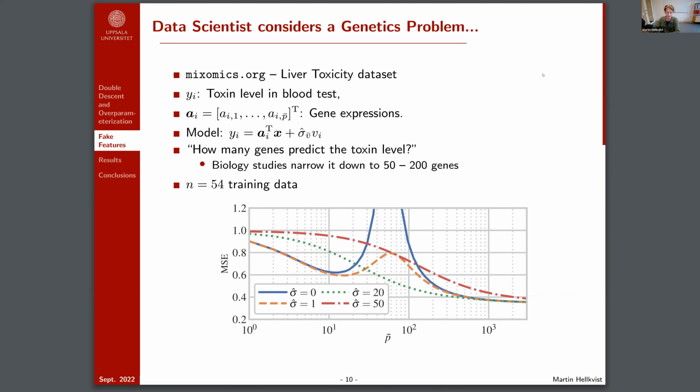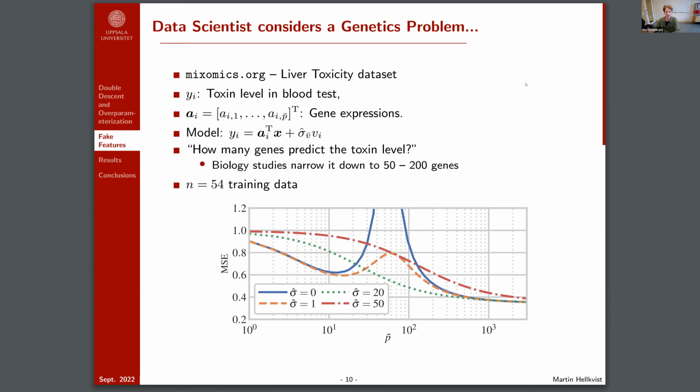So in this data set, which is called the liver toxicity data set, we are given a set of toxin level measurements from blood tests, which corresponds to a certain type of liver damage. This toxin level we consider as our output variable. And along with each blood test are measurements of the gene expressions of over 3,000 different genes in the DNA sequence of the subject.